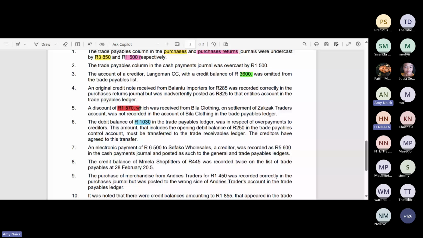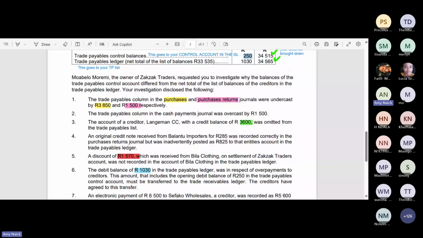Because they're saying the debit balance of 130 in the trade payables ledger relates to overpayment. So there's a 1030, and that's the trade payables. Then they're saying this amount includes the opening debit balance of 250 in the trade payables control account, which must be transferred. So it's in both. It's impacting both.